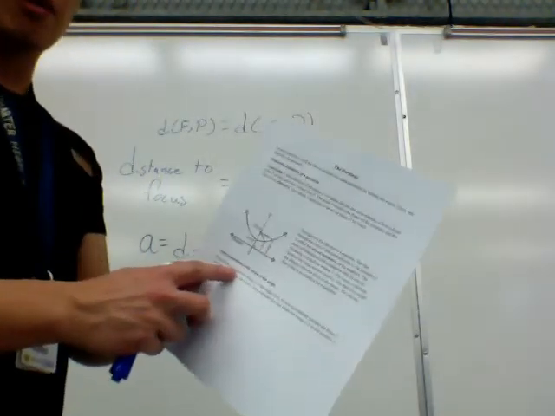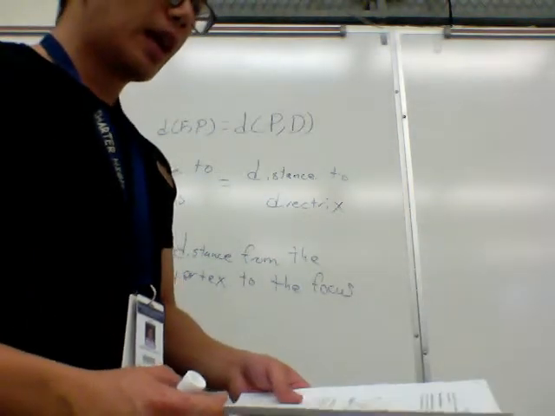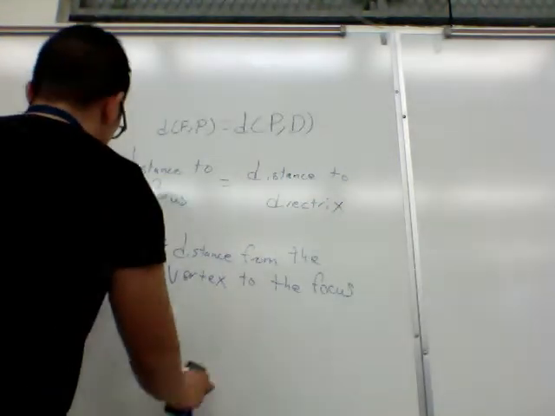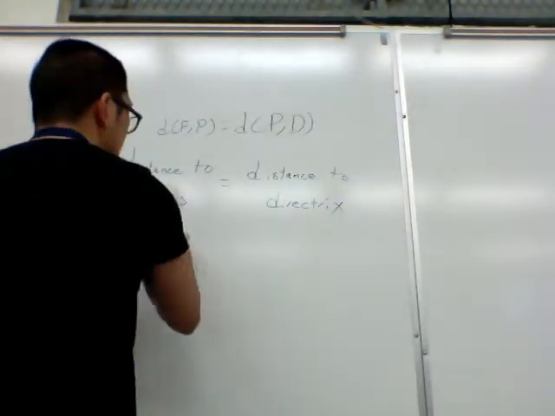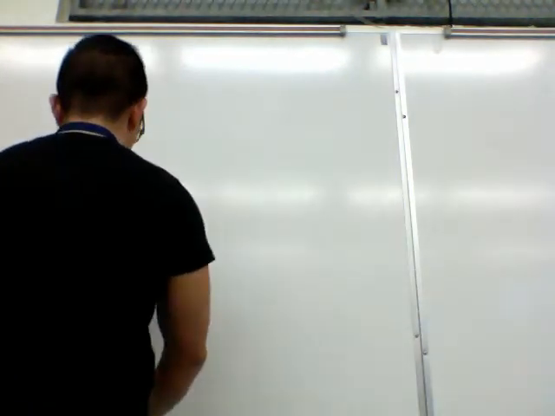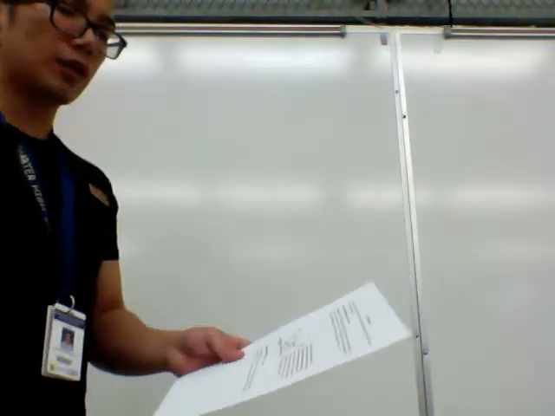So now we're going to go to the bottom section where it says analyze parabolas with vertex at the origin. And it says if we choose to locate the vertex V at the origin (0, 0), we can conveniently place the focus on either the x-axis or the y-axis. Okay? So in this case, we're going to consider the case where the focus is on the positive x-axis.